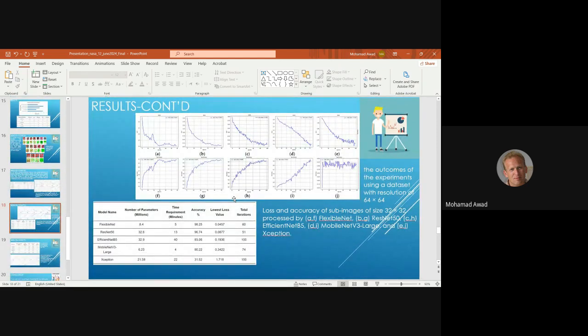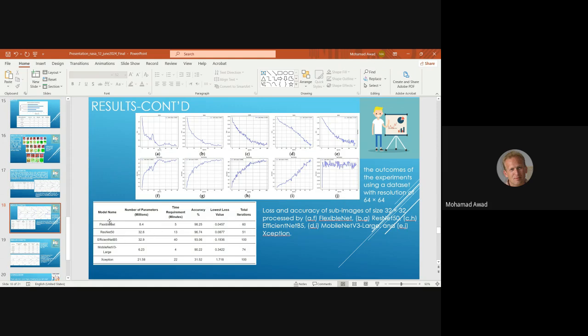In the second experiment, we used the data set 64 by 64. We can see on the graphs how the loss value is progressing with respect to the number of epochs. The same applies to the accuracy, and the same we can see for others such as ResNet 50, EfficientNet B5, MobileNet V3 and Xception.